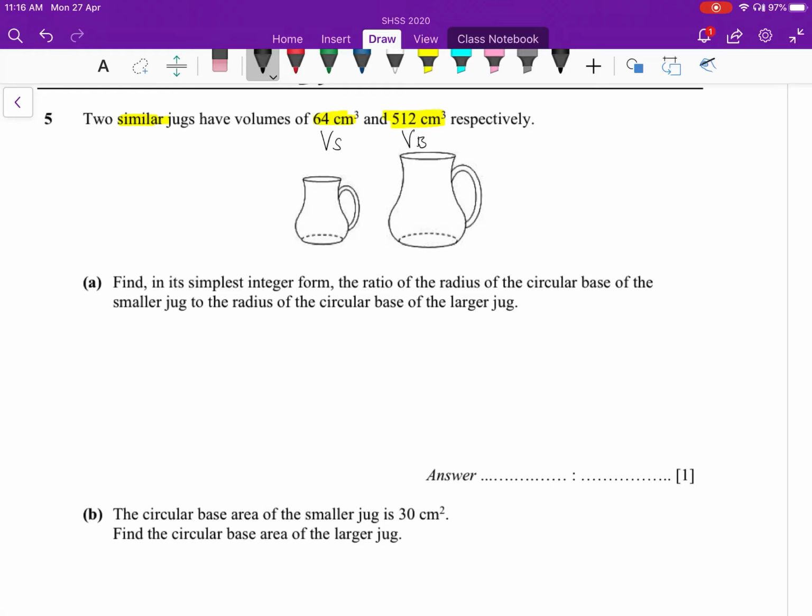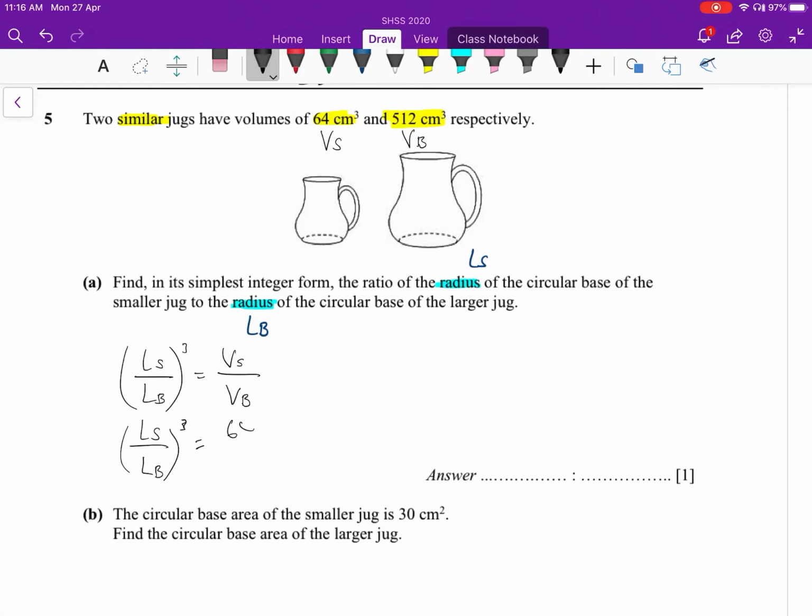And they want you to find the length of small, radius is the length, to the radius of the larger jug. So this is length of small, length of big. Our formula says length of small over length of big, cubed, gives you volume of small over volume of big.